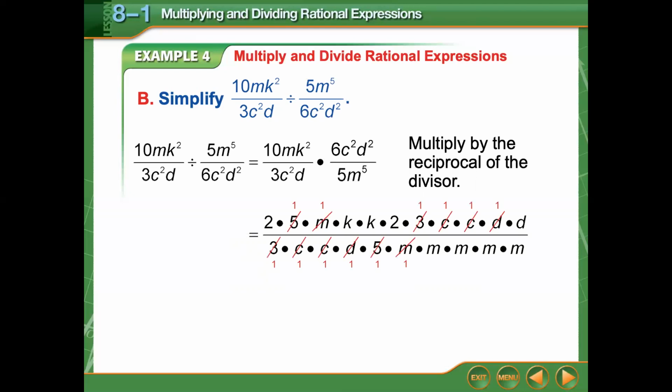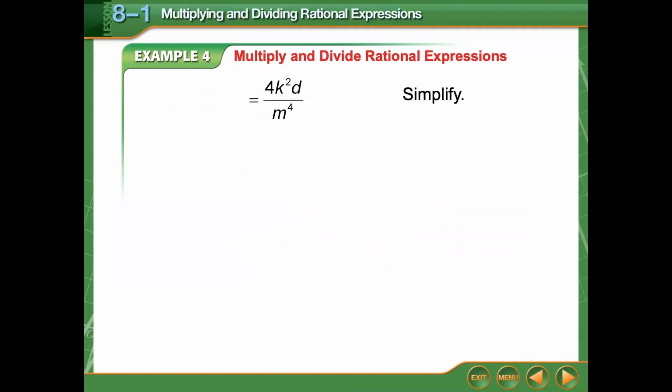When you do that, you see that we're left with 2 times k times 2 times d in the numerator and 1 times m 4 times in our denominator. So when we go ahead and simplify that, we get 4k squared d over m to the 4th for our final answer.